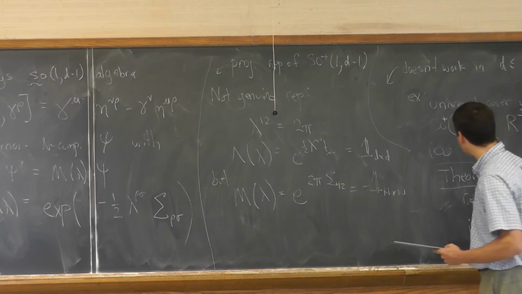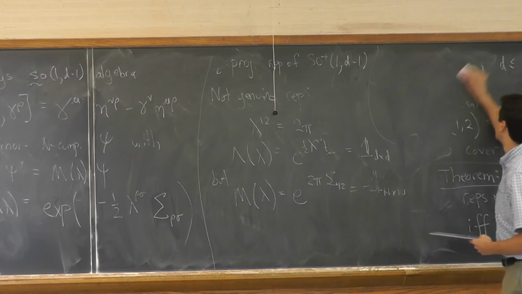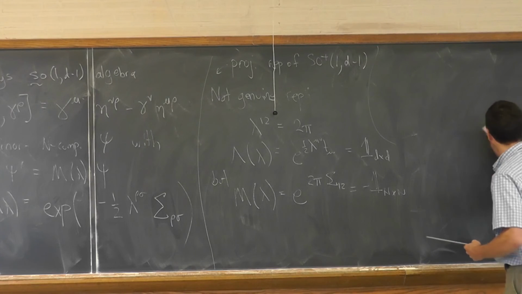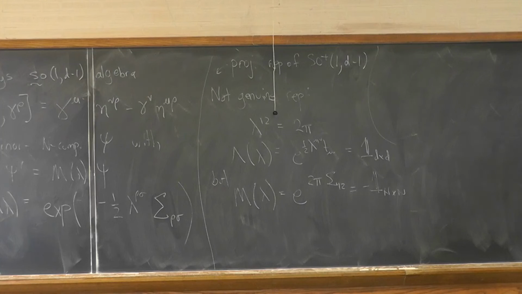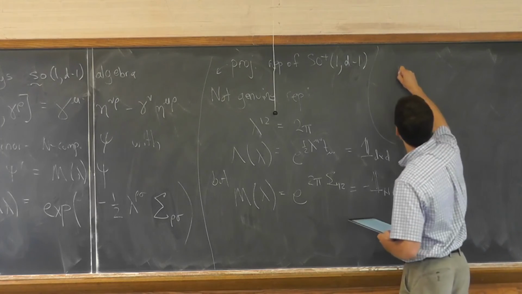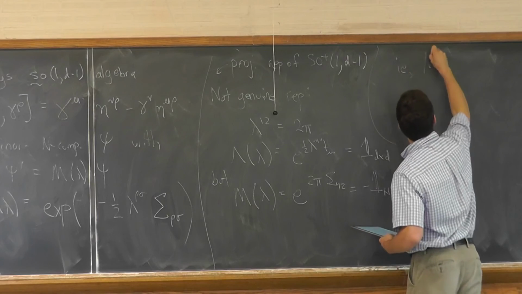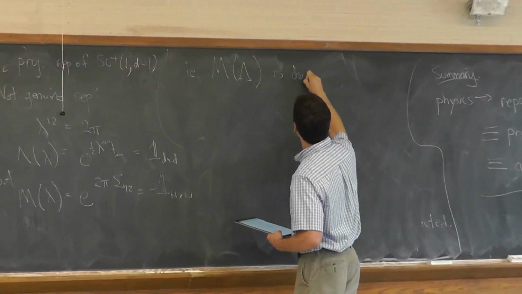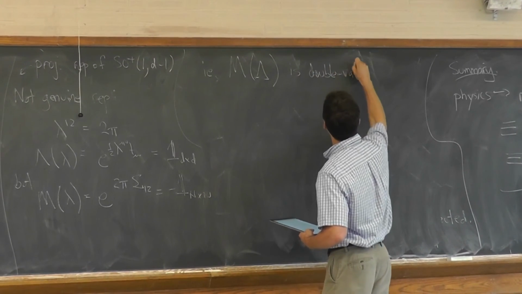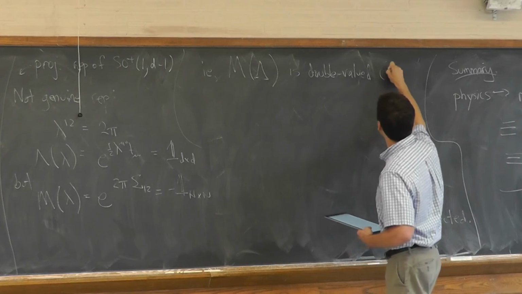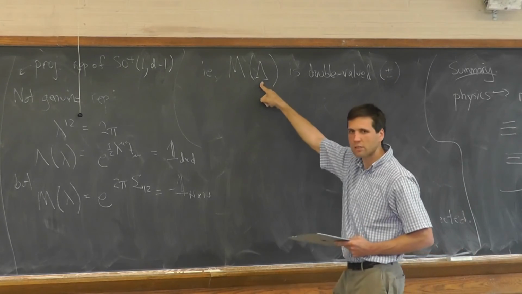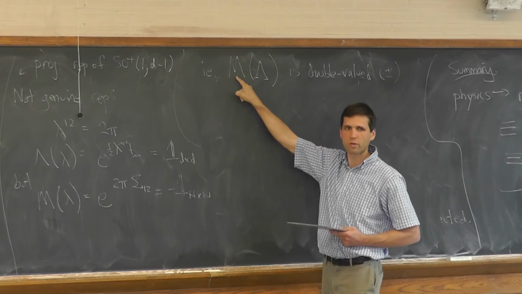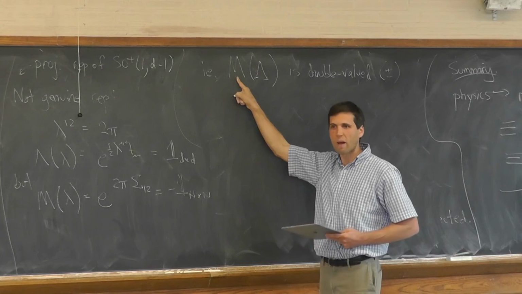So, in other words, if you hand me a group element in the Lorentz group, and I turn that into one of these spinor transformation matrices, this map is ambiguous.